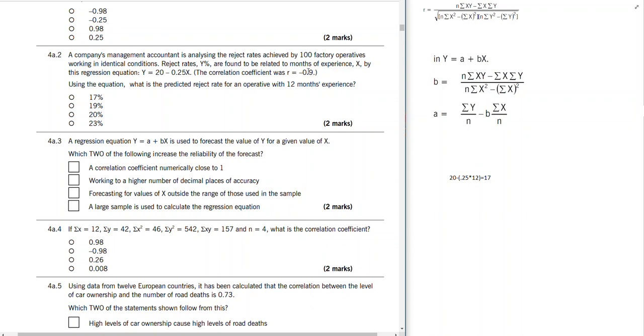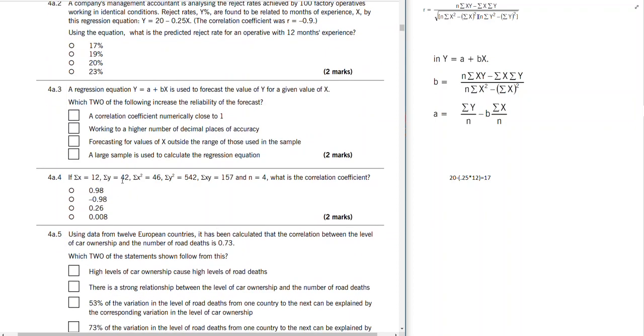Like in this example, if the value was 0.50, then this estimate would be less reliable than now that it is 0.90. It doesn't matter whether it is minus or plus. The closer it is to 1, the more reliable. D, a large sample is used to calculate the regression analysis. The more data, the more reliable the estimate.